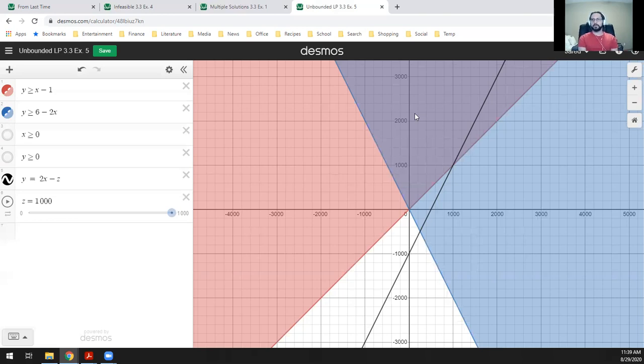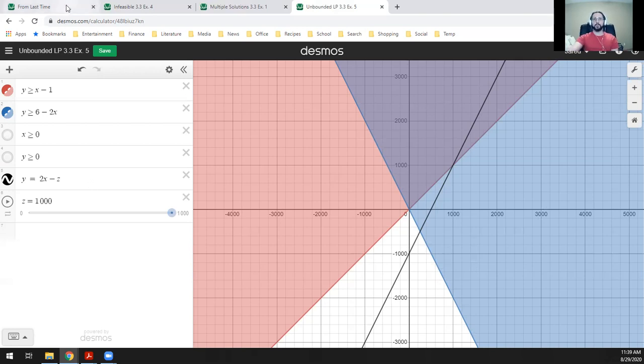A lot of students think that is sufficient to just see that there is a large region that is feasible, and that is not so. You need to actually visualize what the objective function does. See how the objective function increases without bound. That's what makes the LP unbounded.